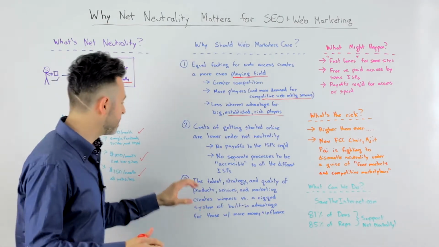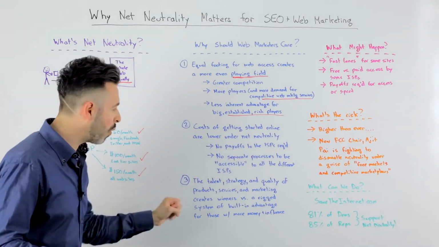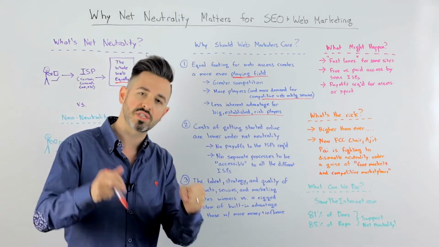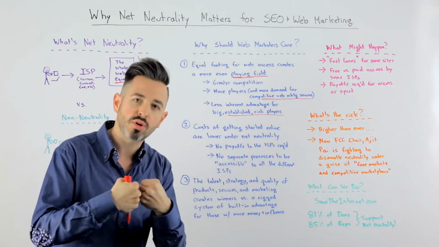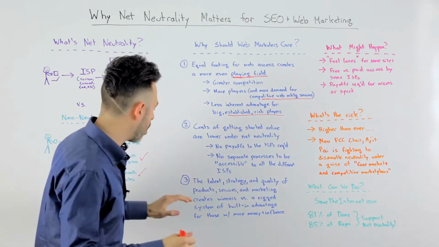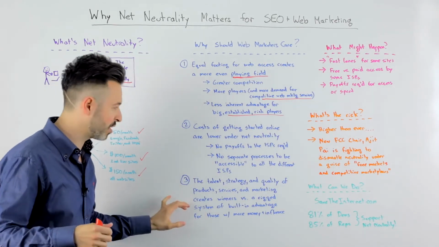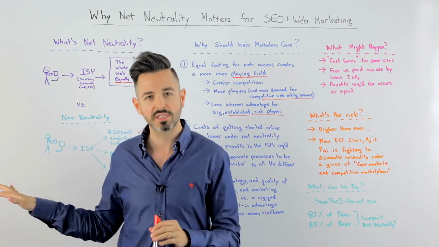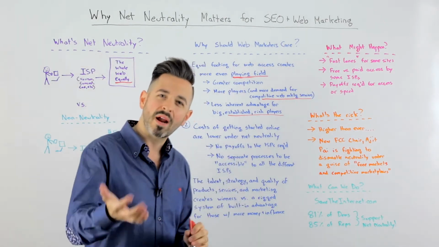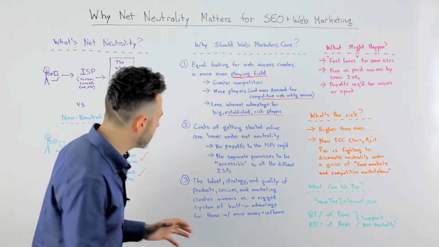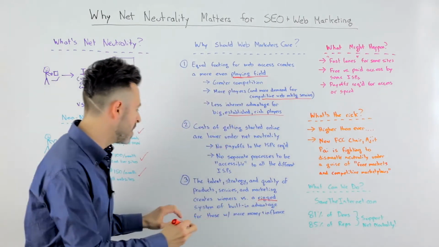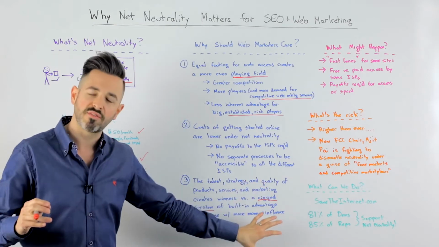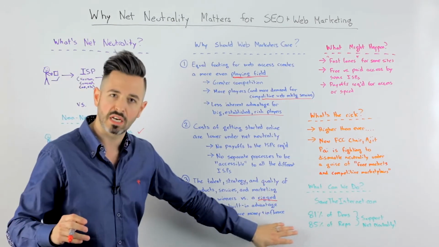Third, the talent, the strategy, the quality of products and services and marketing that a new company, a new website has are going to create winners and losers in their field today versus this potentially non-neutrality situation where it's not quite a rigged system, but I'm calling it a rigged system a little bit because of this built-in advantage that you have from money and influence.